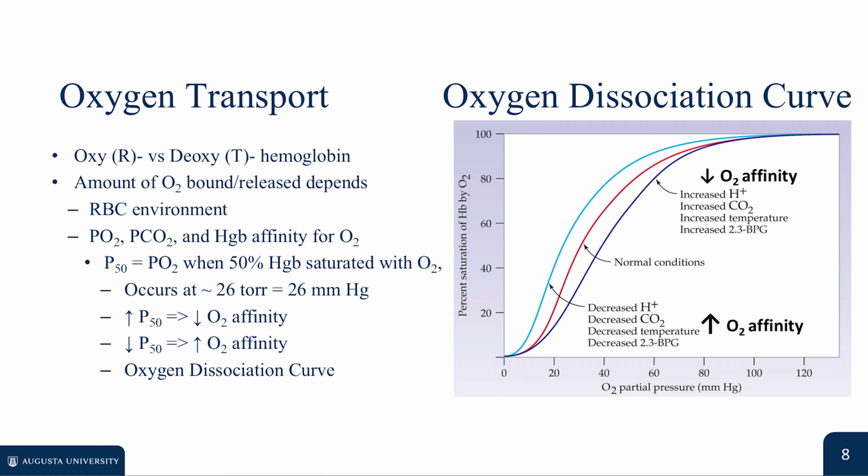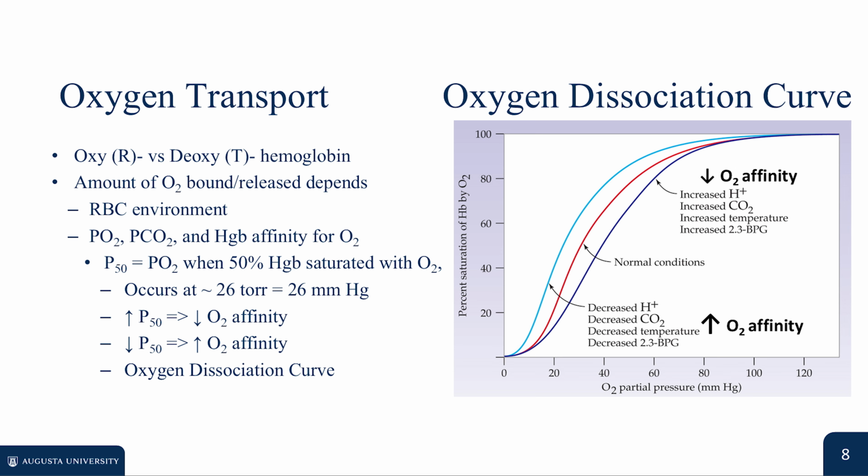Hemoglobin exists in 2 distinct structural states: the deoxy or tense state, the T state, which has low oxygen affinity due to inter-subunit salt bridges, and the oxy or relaxed state, the R state, where oxygen binding breaks those bridges, causing the molecule to shift into a high affinity conformation.